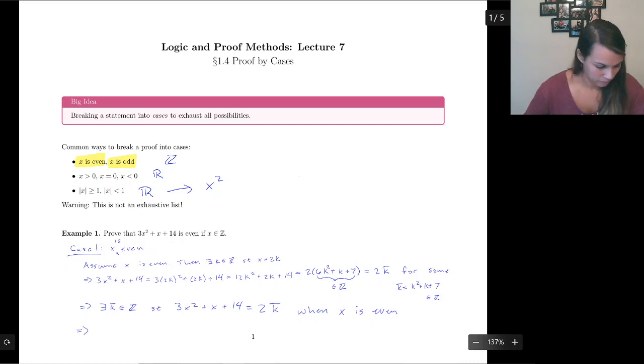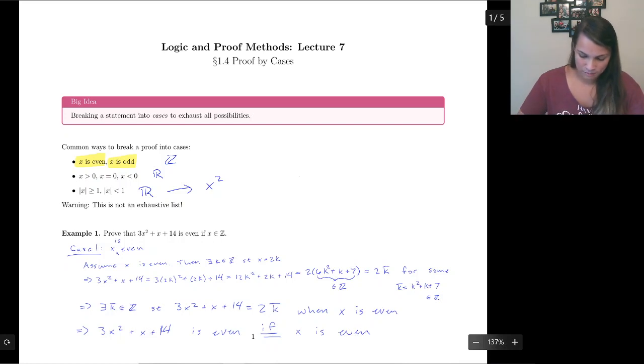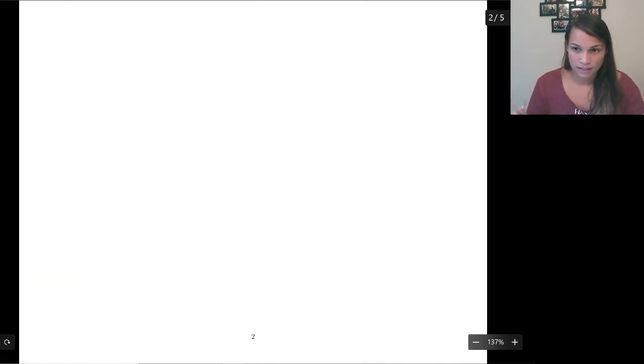That's important to note. So then we have x squared plus x plus 14 is even if x is even. That means we have integers that we haven't talked about yet. So next case, x is odd.